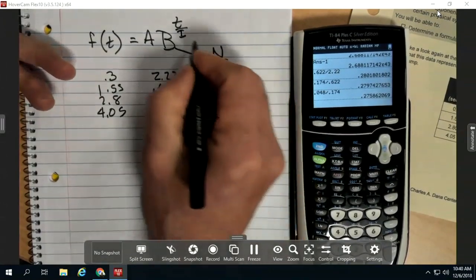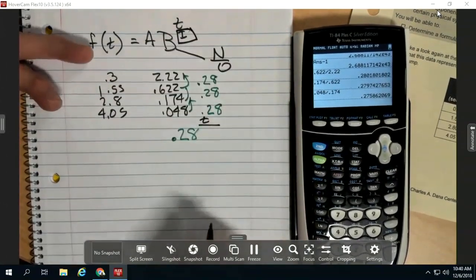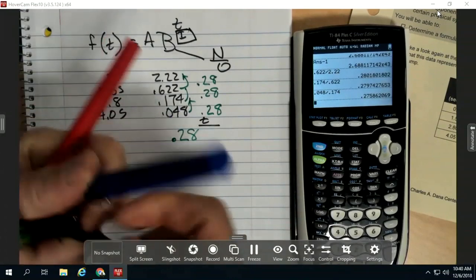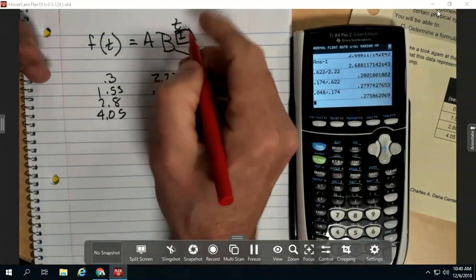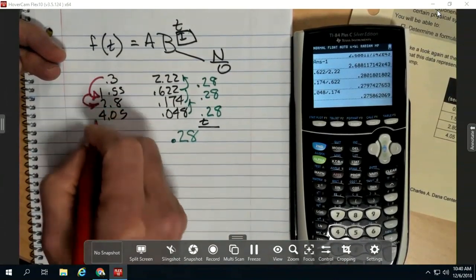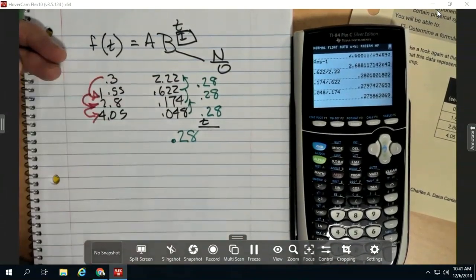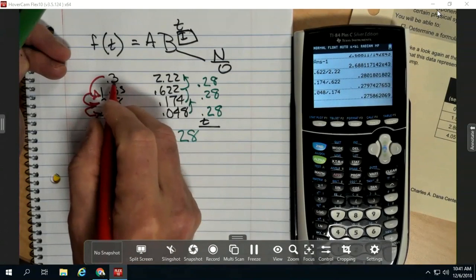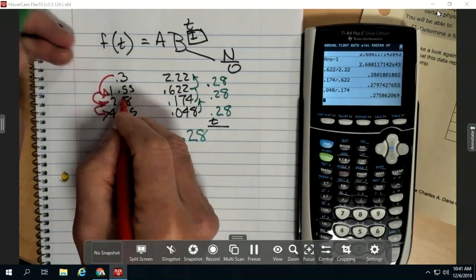But now, how big is the interval over here? Okay, how big is this interval? How big is this interval? How big is this interval? How far is it from 0.3 to 1.55?